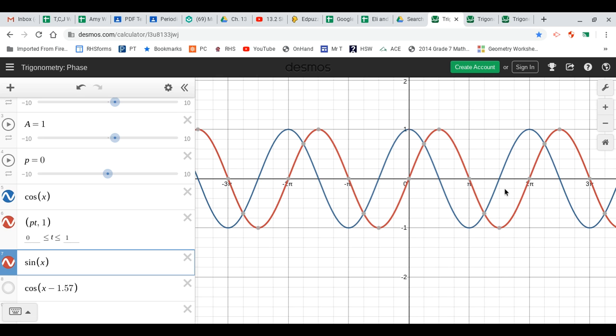Just one is shifted over compared to the other. That's what we call really a phase shift. So what I'm going to simply do here is turn a cosine function into a sine function by simply changing the phase angle.